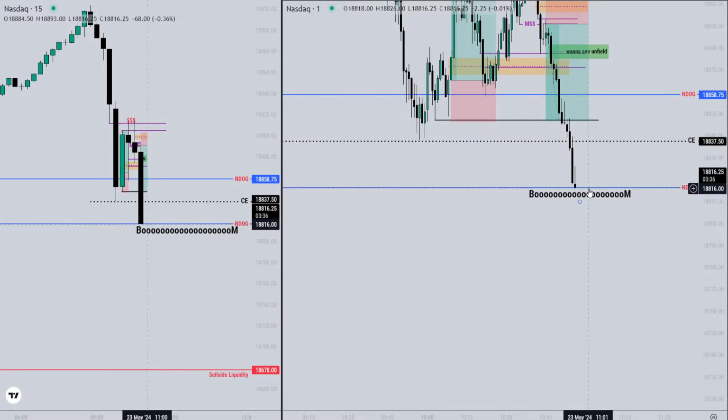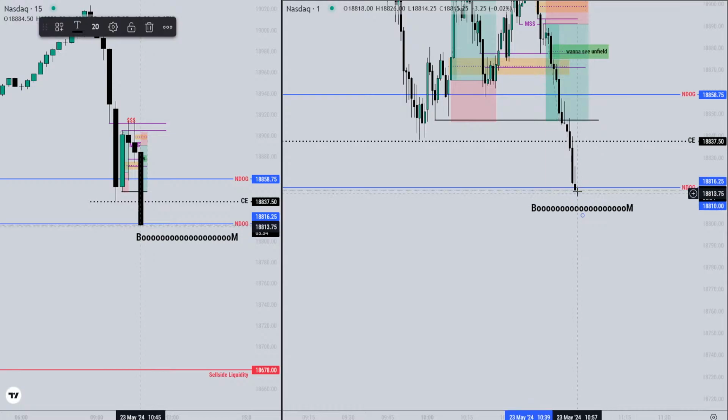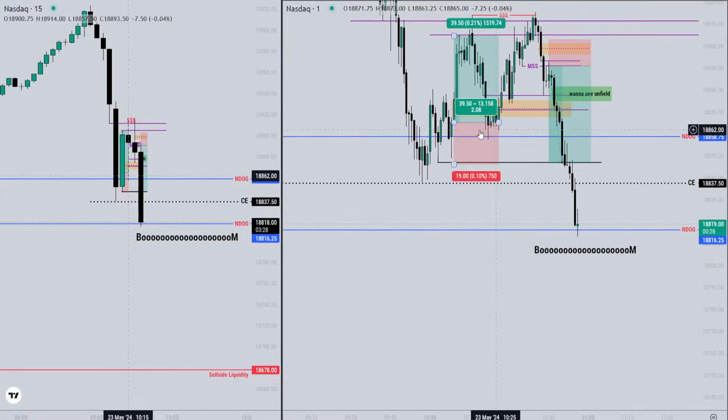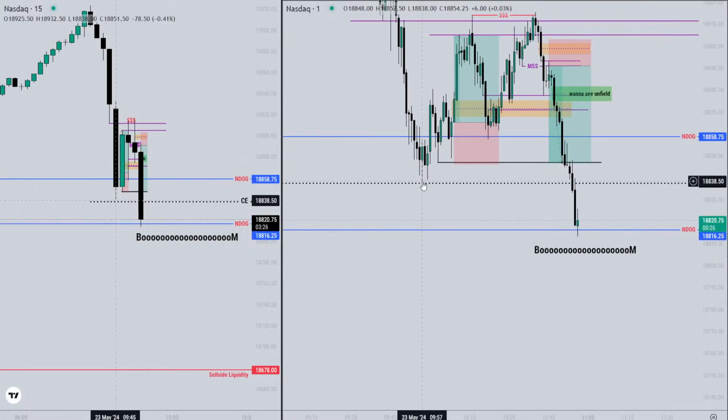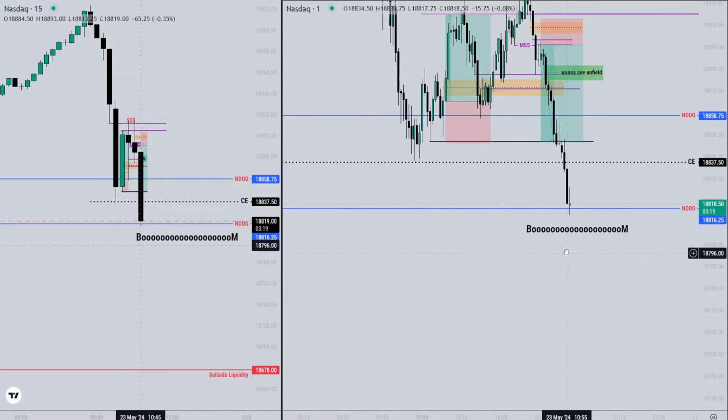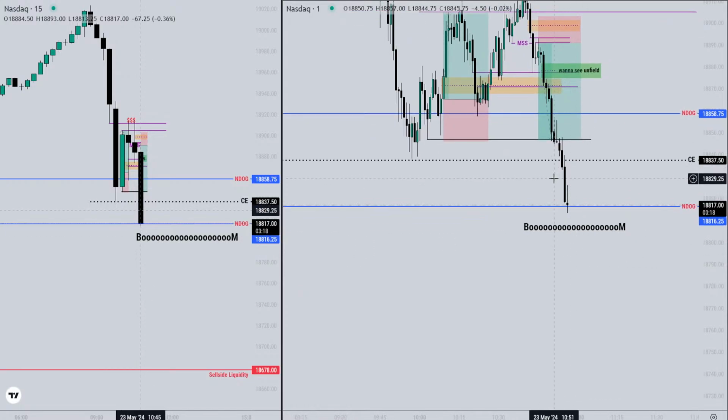As I told you, market will reach until this new day opening gap low, at least. This is how this market works. Rejection from the new day opening gap consequent encroachment means the low is going to be taken. That's for sure. Now if you ask me what is going to happen, I don't know. I just don't know.